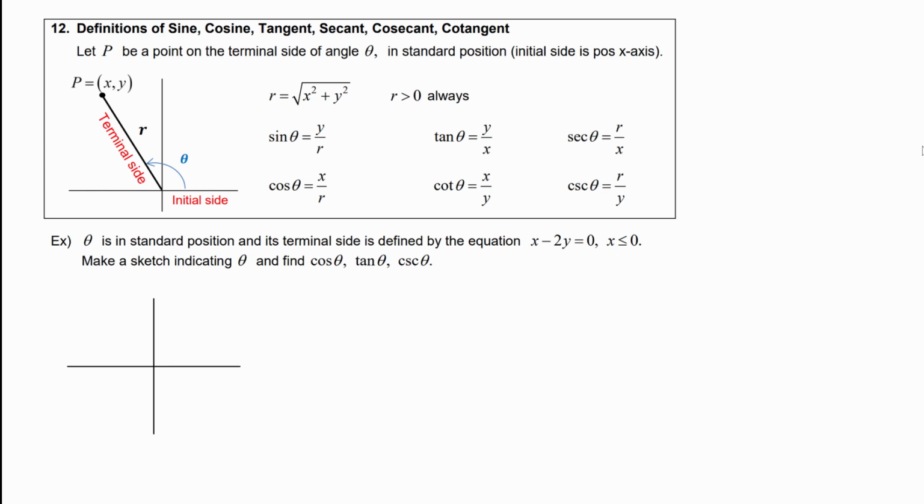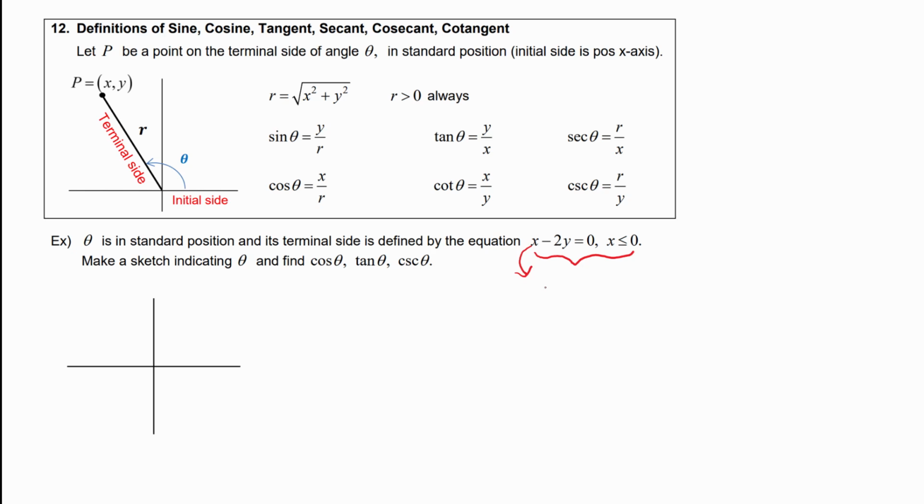The equation x minus 2y equals 0 is the equation of a line, but with the restriction that x is less than or equal to 0, we only get a ray instead of a line. So let's solve this equation for y so we can sketch the graph.